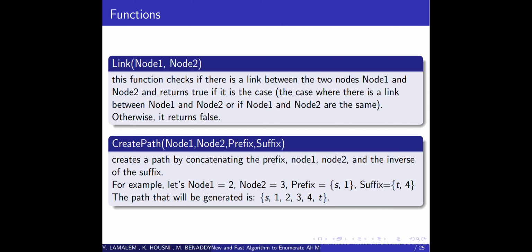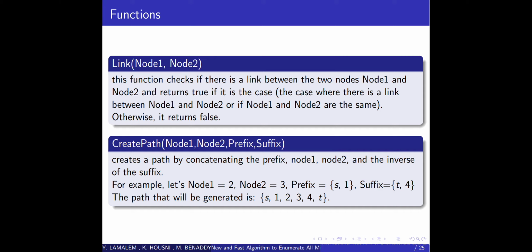Otherwise, it returns false. Then we have a function called createPath, which accepts 4 arguments: node 1, node 2, prefix and suffix. Prefix and suffix are 2 sets of nodes. It creates a path by concatenating the set prefix, node 1, node 2, and the inverse of the set suffix.